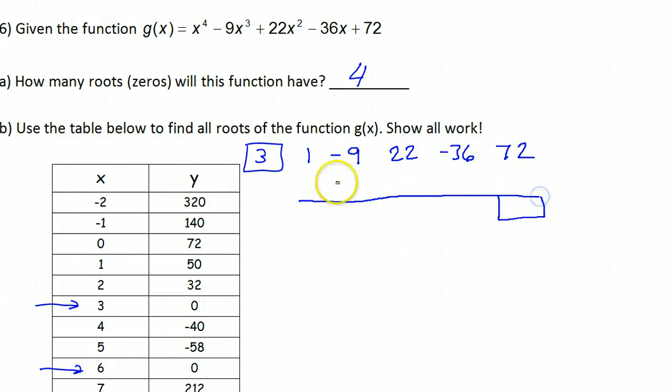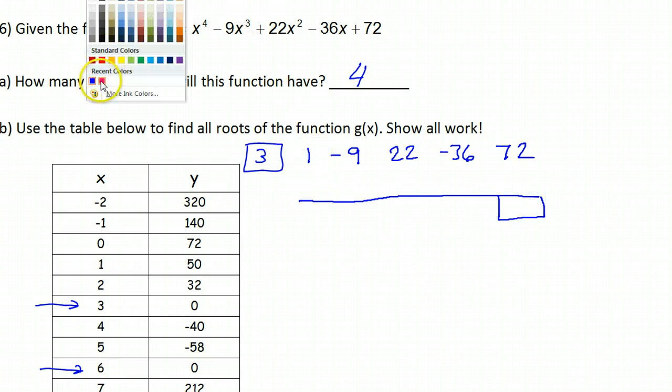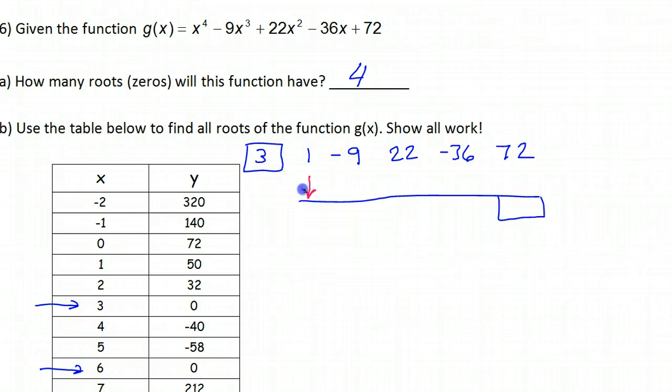Alright, put a little box right here. Okay, 1 times 3 is 3. That's negative 6. Times 3 is negative 18. That makes 4 times 3 is 12. That makes negative 24 times 3 is negative 72.